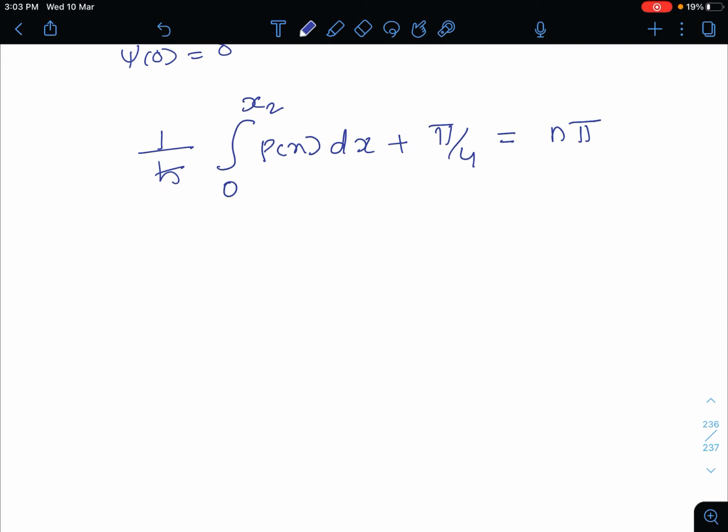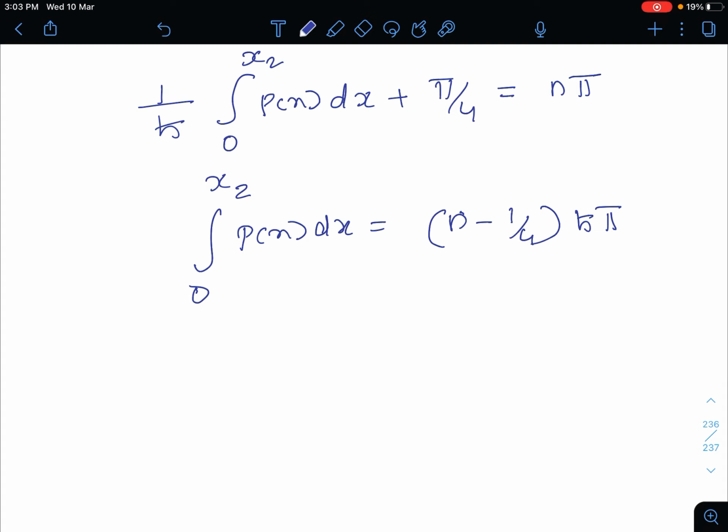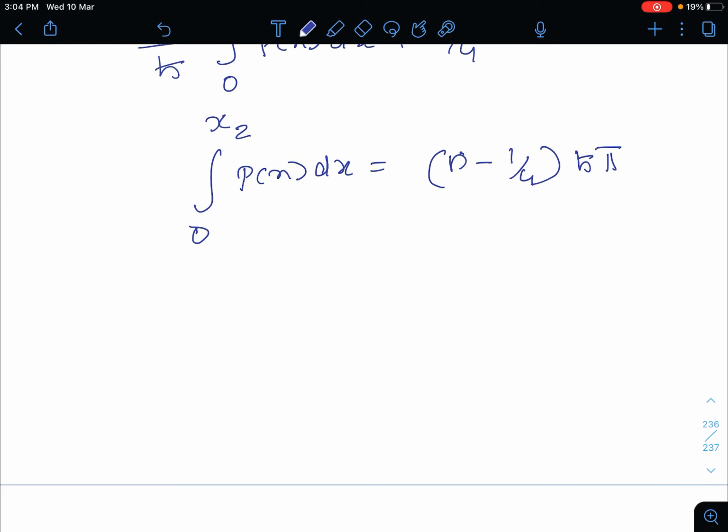That means integral 0 to x2 p of x dx is equal to n minus 1 by 4 h cross pi. Rearranging it, that is it. That's what we got.